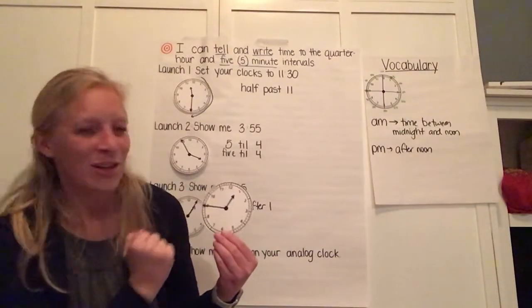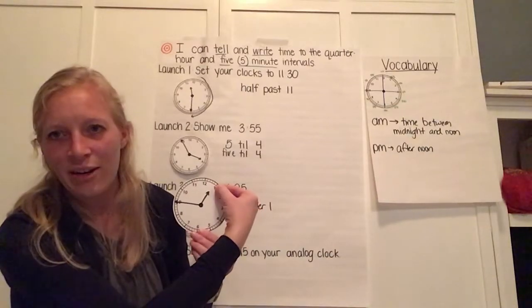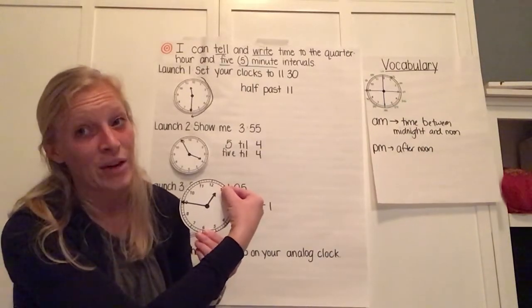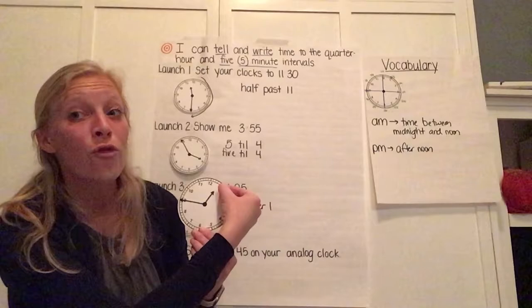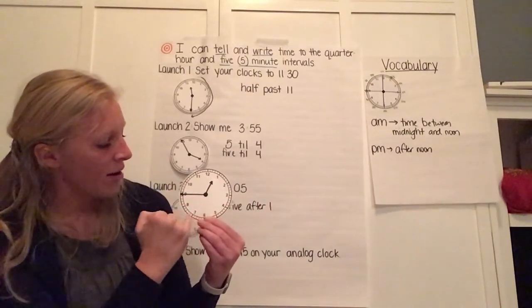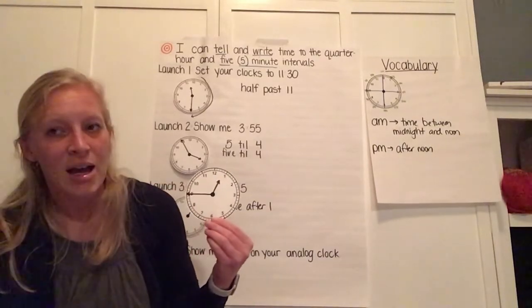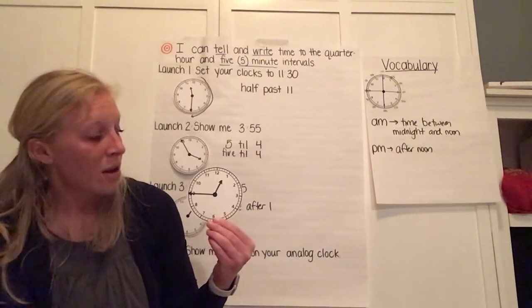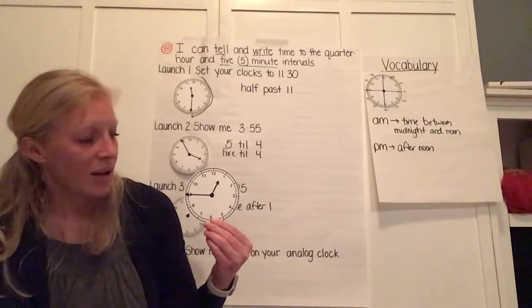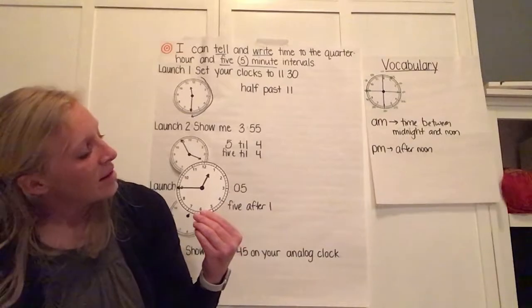It hasn't gotten to the 1 o'clock yet, has it? 1 o'clock isn't until here, but it is very close. It is 12:45. That means it's gone all the way around the clock, and it's only about 15 minutes until 1. So it is closer to 1 o'clock than it is that 12 o'clock. That is the hour that it is in.